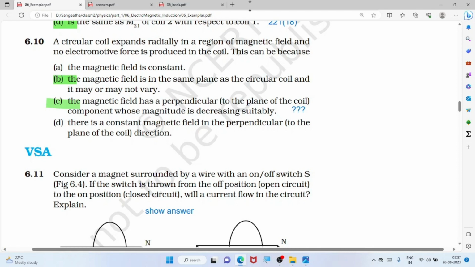Or the magnetic field is perpendicular to the plane of the coil. The flux is BA cos theta. When the angle is 90 degrees, cos 90 is 0, which means no EMF will be induced.